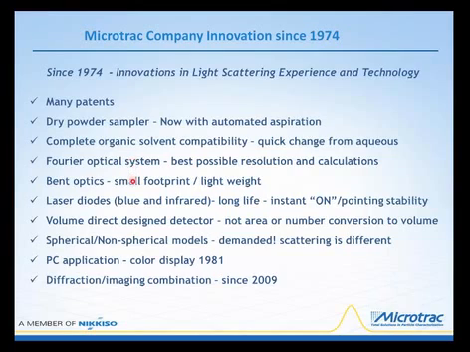We also innovated using bent optics. Bent optics is merely redirecting the laser by a series of highly polished mirrors. This provides for a small footprint, lightweight, and actually provides quite a bit of stability to the optical system since it's a small footprint.